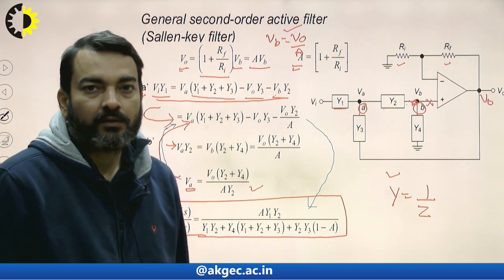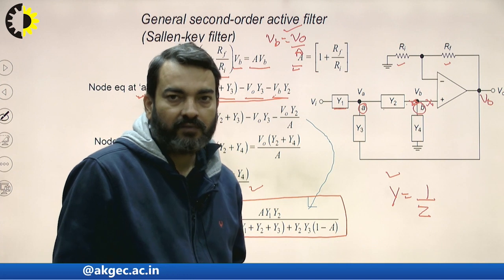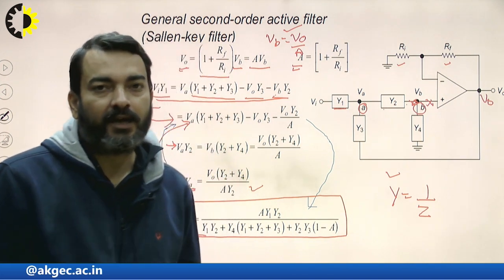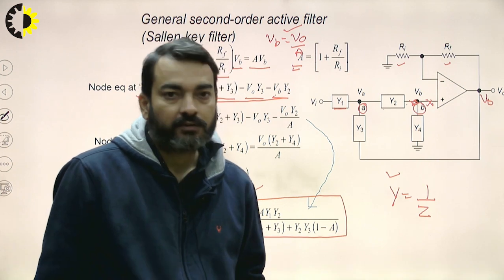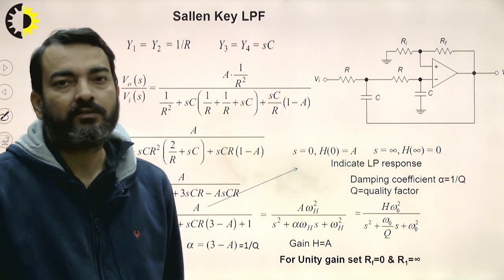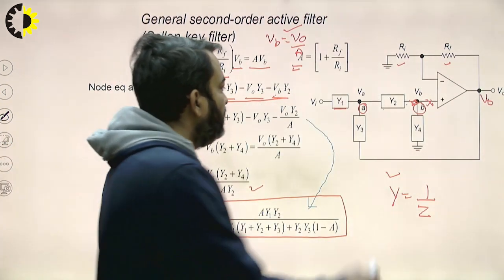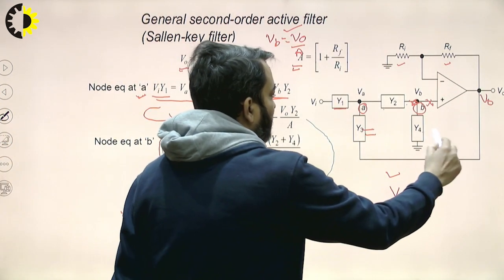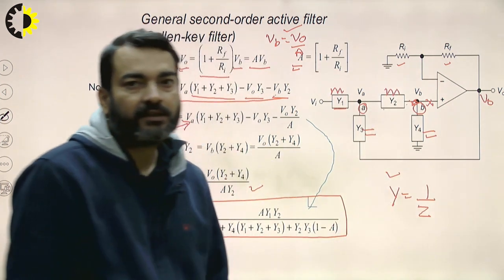Now by having appropriate component choice, we will get both low pass and high pass variants from the same circuit. So let us see first the Sallen-Key low pass. For Sallen-Key low pass, these two components will be capacitive while these two components will be resistive.